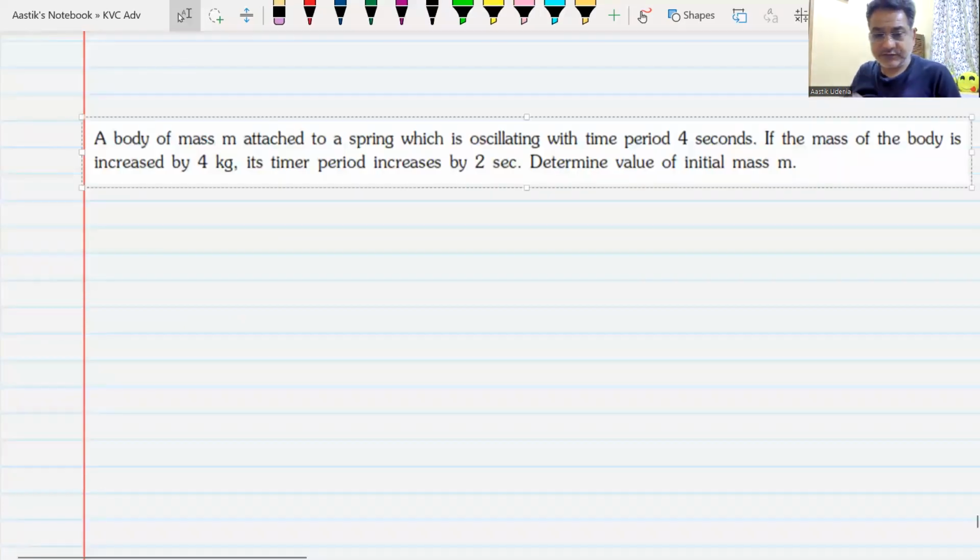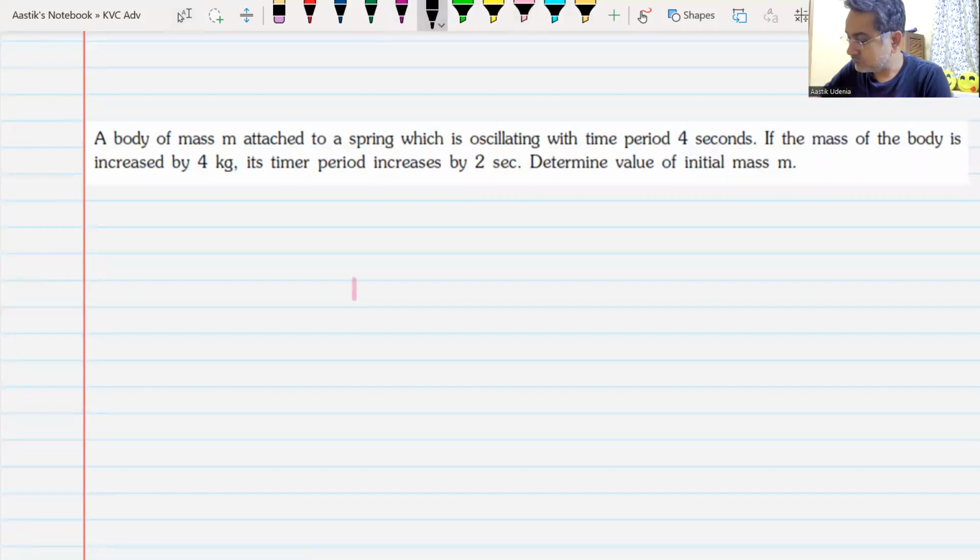This is the first question. A body of mass m is attached to a spring which is oscillating with a time period of 4 seconds. If the mass is increased by 4 kg, the time period increases by 2 seconds. Find the value of m.